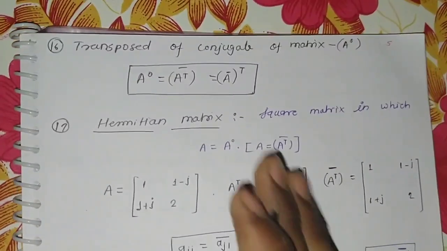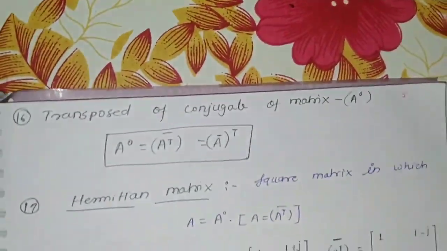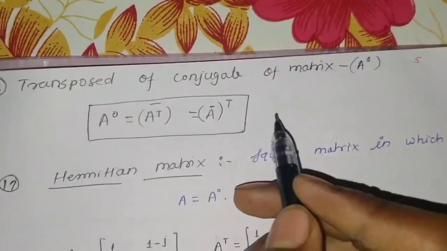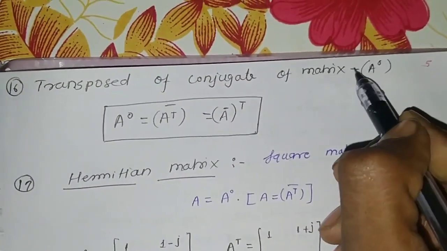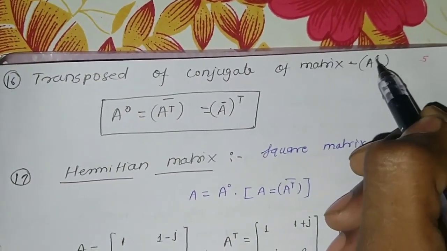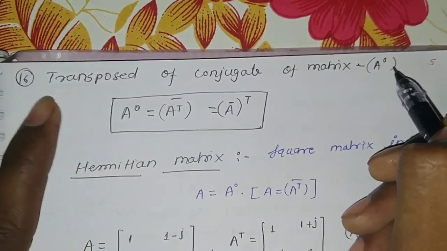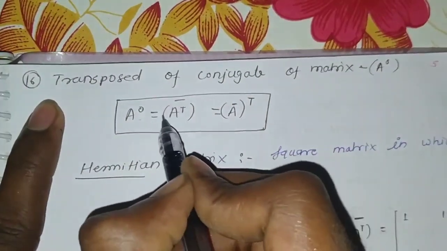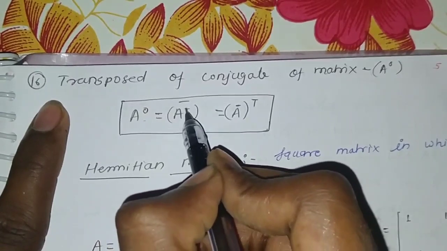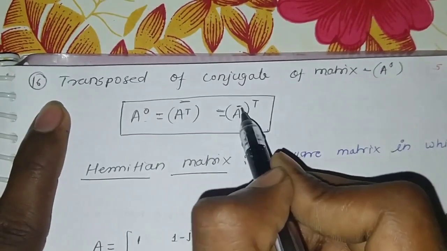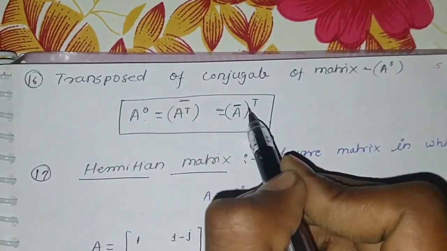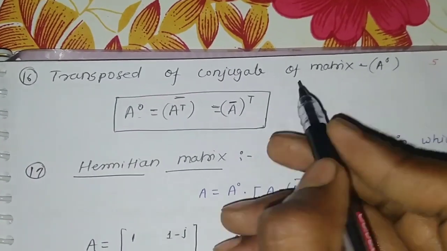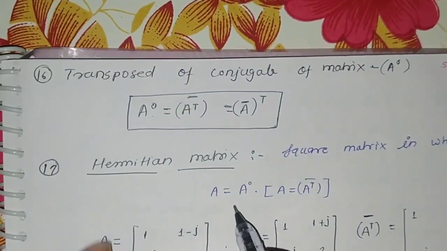Okay, so the transpose of the conjugate matrix is denoted by A0. So A0 is equal to A transpose conjugate, which is equal to A bar's transpose. Okay, this is the property.